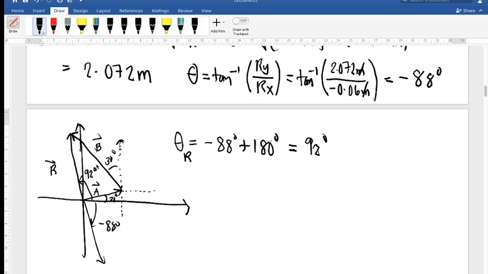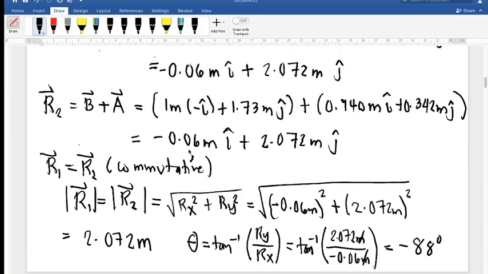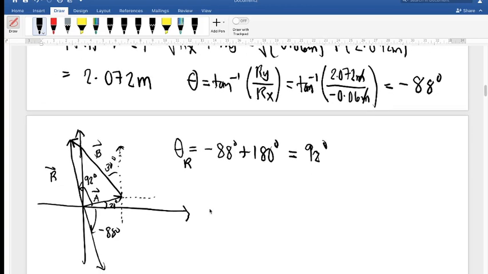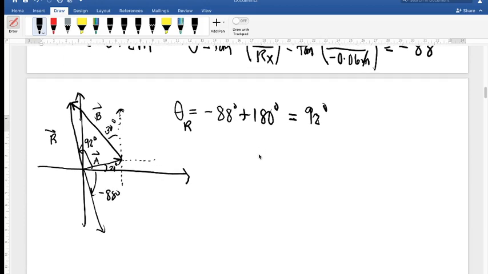And that corresponds also to the components of the vectors. As you can see here, your components have negative x component and positive y component, and therefore your R must be in quadrant 2. So to shift that one, you just have to add 180 degrees. So ito yung answer nyo dapat in terms of the angle.